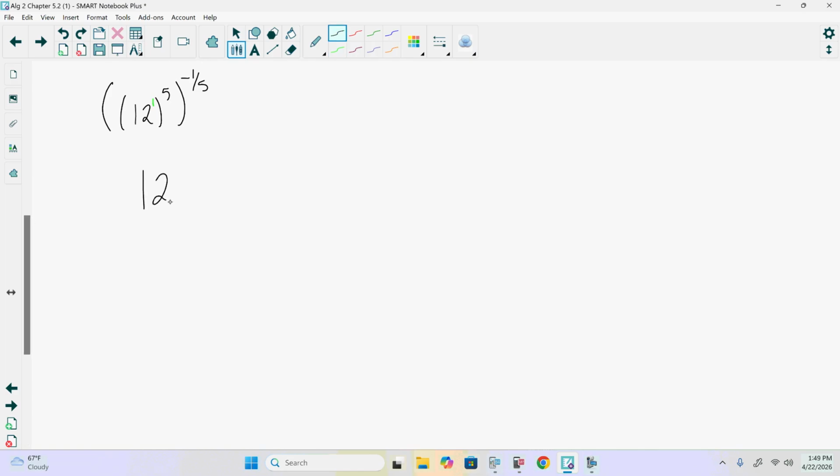So really we have 12 to the 1st times 5 times negative 1/5, which is still 12 to the negative 1, which is still 1/12. Still get the same answer either way. Questions on this here? Be ready for the next one.